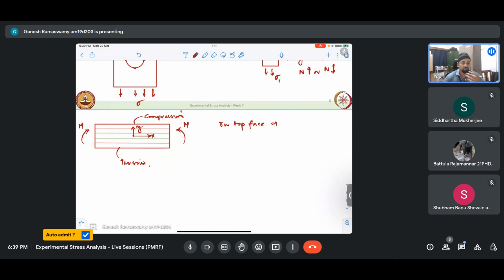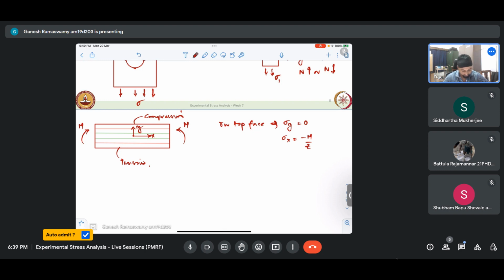For any free surface, the stress component that can exist in the stress tensor can at best be tangential to that surface, which we have discussed in quite a lot of detail. So sigma y is 0, and sigma x is, let us say, minus m by z.